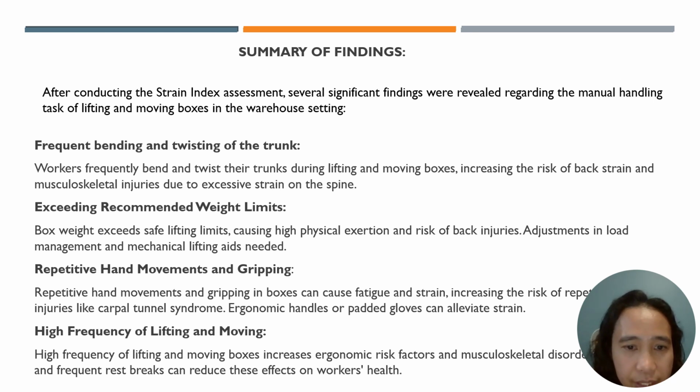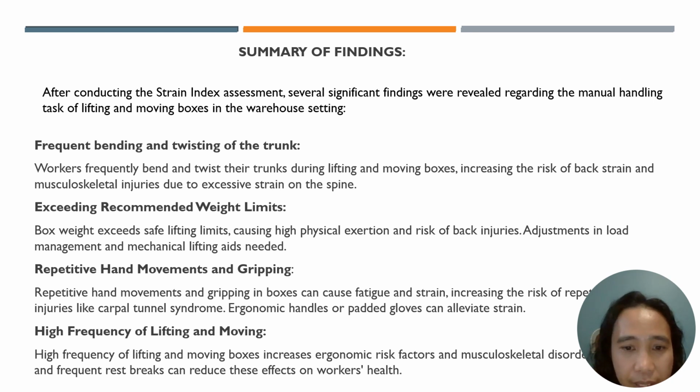Exceeding recommended weight limits. Box weight exceeds safe lifting limit, causing high physical exertion and risk of back injury. Adjustment in load management and mechanical lifting aids needed. Repetitive hand movement and gripping. Repetitive hand movement and gripping of the box can cause fatigue and strain, increasing the risk of repetitive injuries like carpal tunnel syndrome.